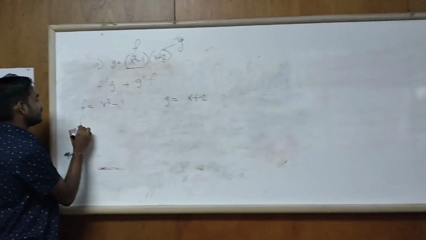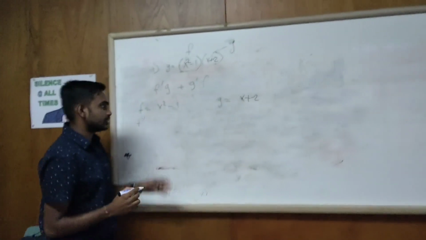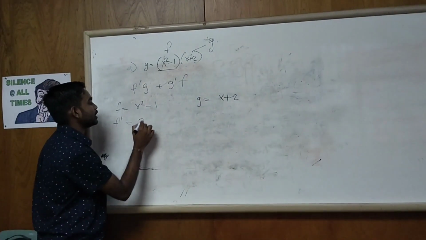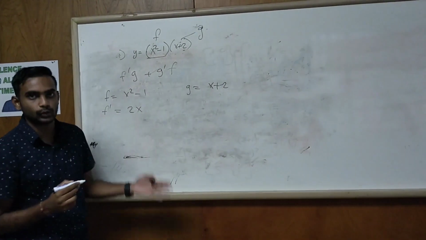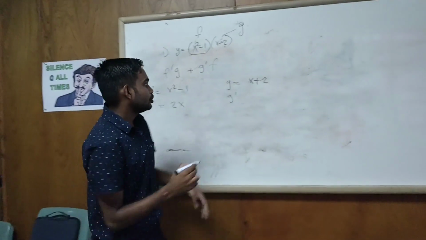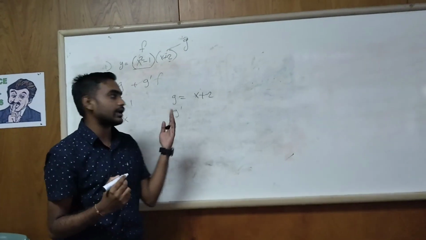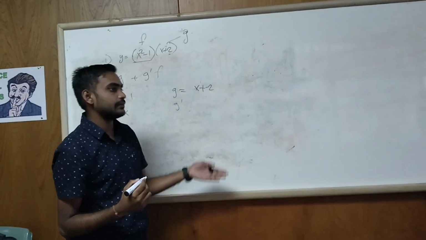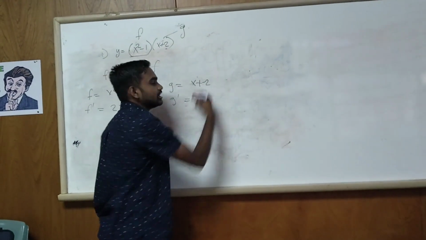Then we find the f dash, right? How to find the f dash? Simply you differentiate it. When you differentiate f, we're going to get 2x, right? Minus 1, we have learned that any constant is 0, right? g dash, so x plus 2. So x has a power 1, multiplied by 1, anything multiplied by the number 1 remains that number. So it will become 1. So a constant will always become 0.